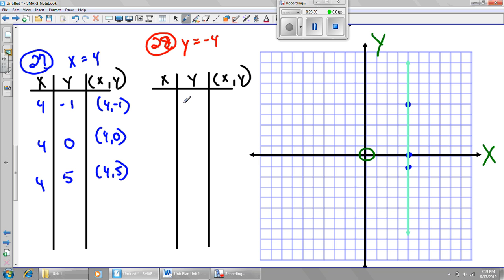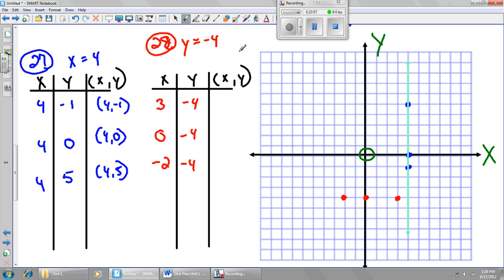Okay, now 28 is a similar type problem, except y has to be negative 4. So I'm actually going to choose negative 4 for y, and then x can be anything. And maybe I'll go with 3, 0, and negative 2. So negative 2, 0, and 3 on the x-axis, at y equals negative 4, would be there.